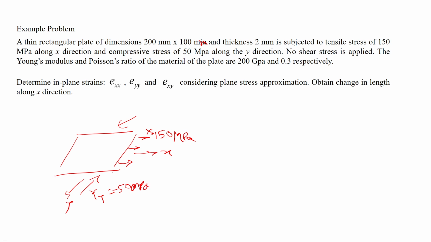The Young's modulus and the Poisson ratio of the material are given as 200 gigapascal and 0.3.